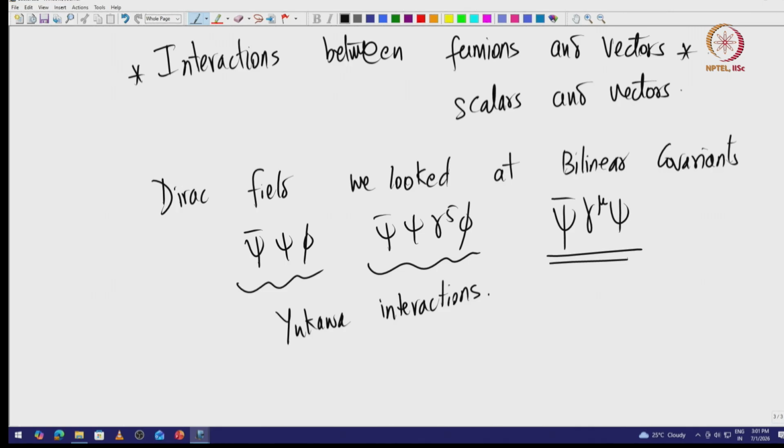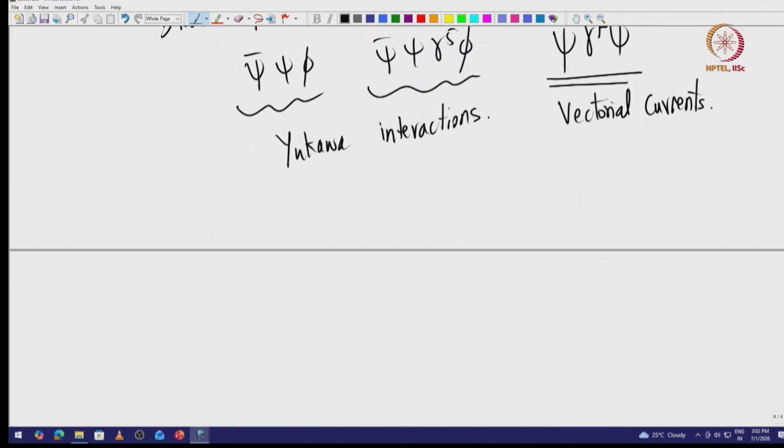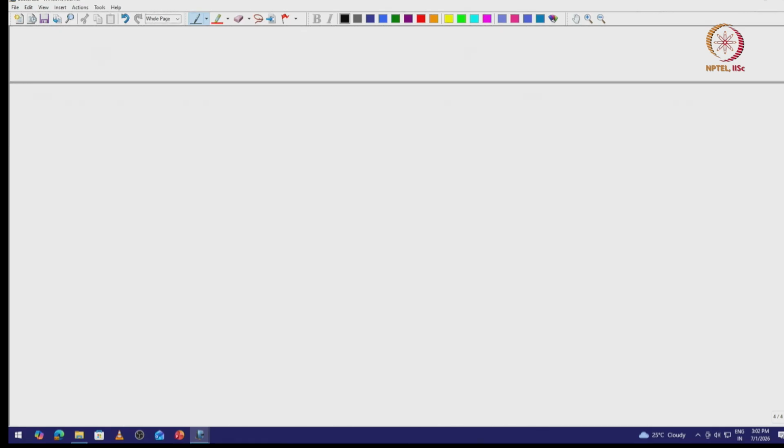So, to make a Lorentz scalar of the vectorial current made up of two fermions, you need another vector, and that vector is the photon field essentially. So, that vector is the photon field and so this is the interaction we will study today essentially. So, the interaction we will study today is a current-like interaction.